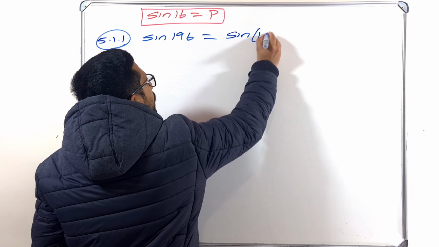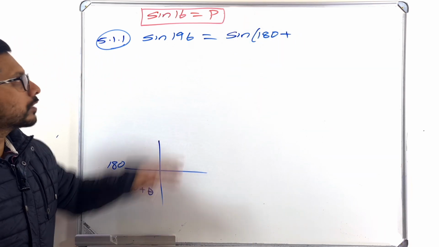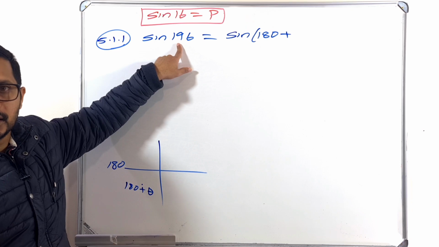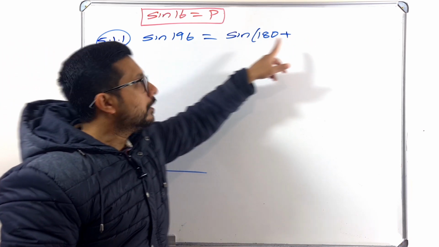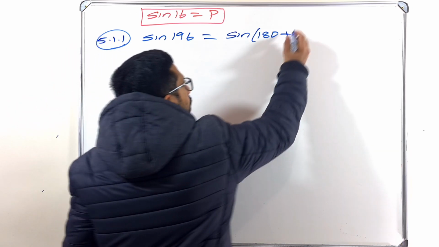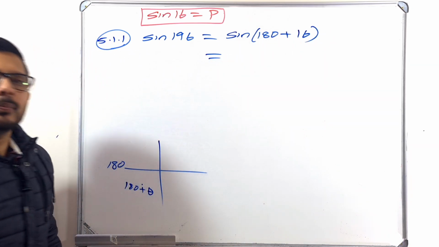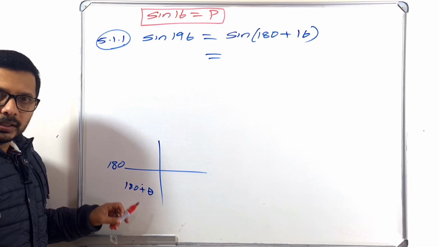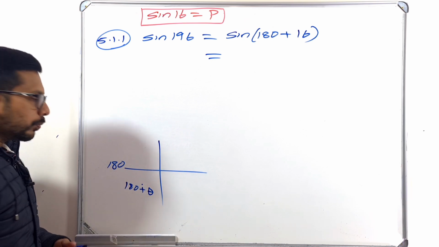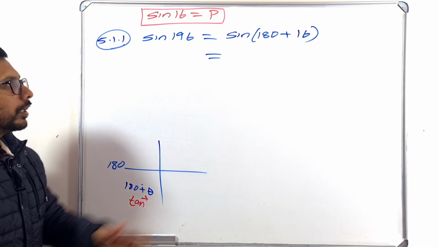Sine of 180 plus, which number gives 196? 16, am I right? 180 plus 16 is 196. So it is sine of 180 plus 16. You know that is in the third quadrant. Third quadrant, what is positive? Tan is positive. Here what?